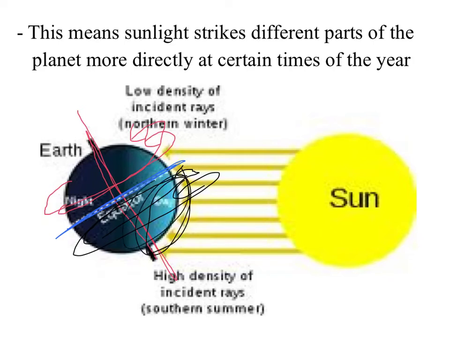You can see it's summer there in the Southern Hemisphere, so it's getting a lot more direct rays of the sun. The Northern Hemisphere is a little more protected from the sun's rays.